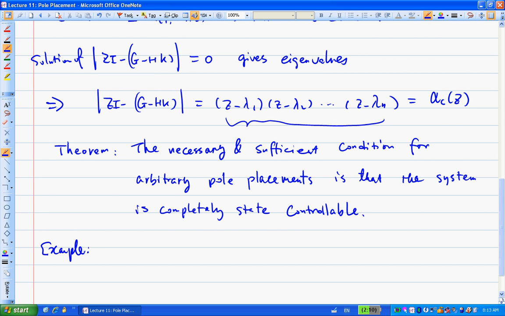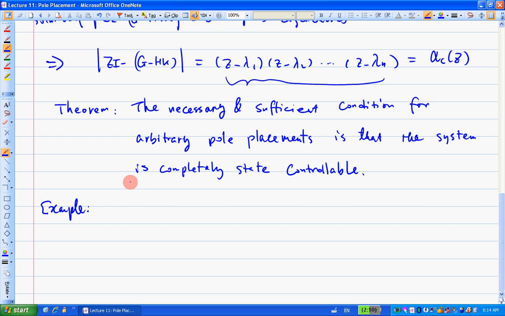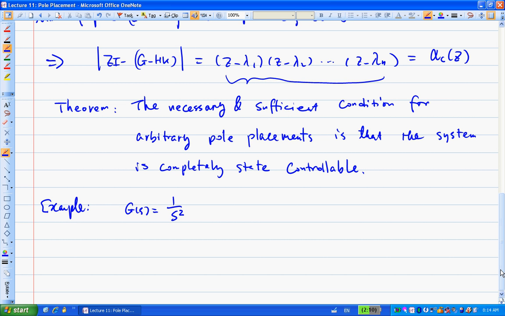I'm going to use a so-called double integrator for example. So let's say you have a system G(s) equal to 1 over s squared. This is a double integrator. It's simple, but it's actually a fairly common system.